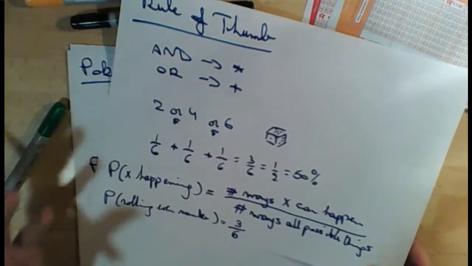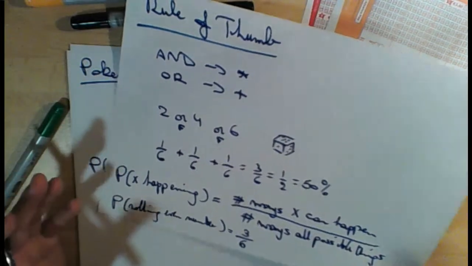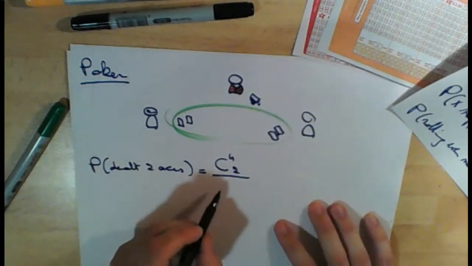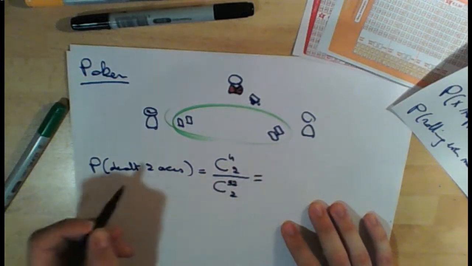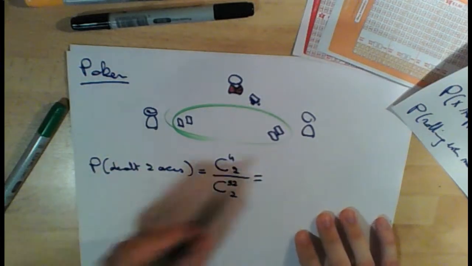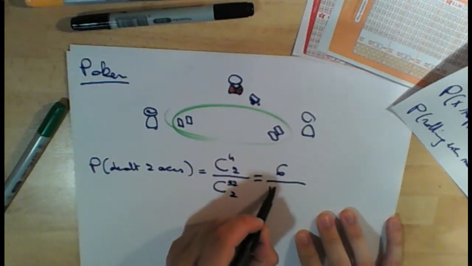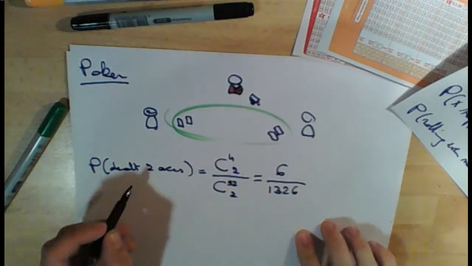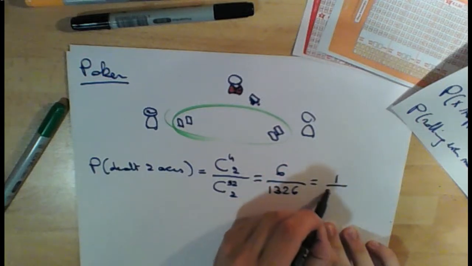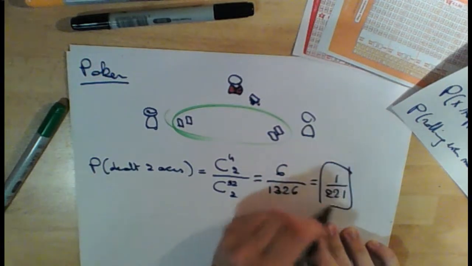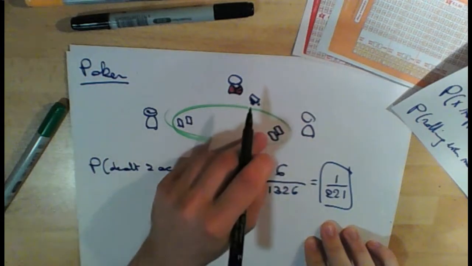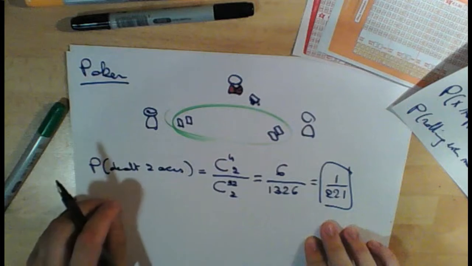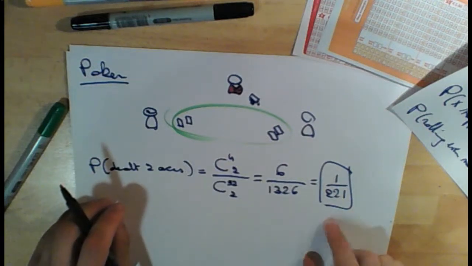Well, I will get 2 cards out of a deck of 52. So 52 choose 2. And when you work this out, you get 6 over 1326, which is 1 over 221. These are my odds of being dealt 2 aces. Anytime I play a game of poker, I have 1 over 221 chances of being dealt 2 aces.